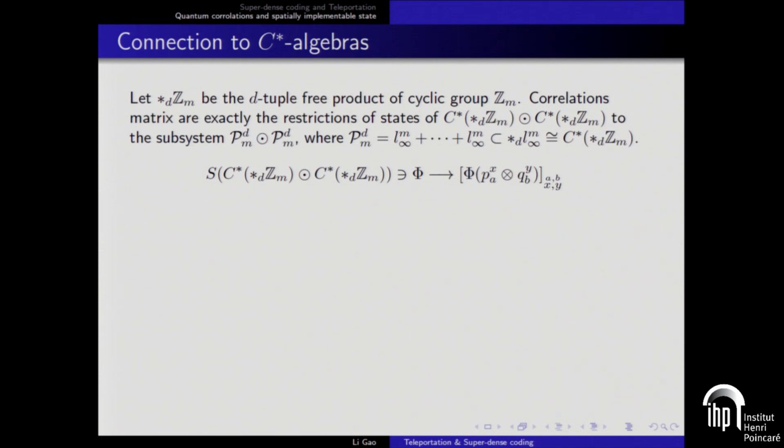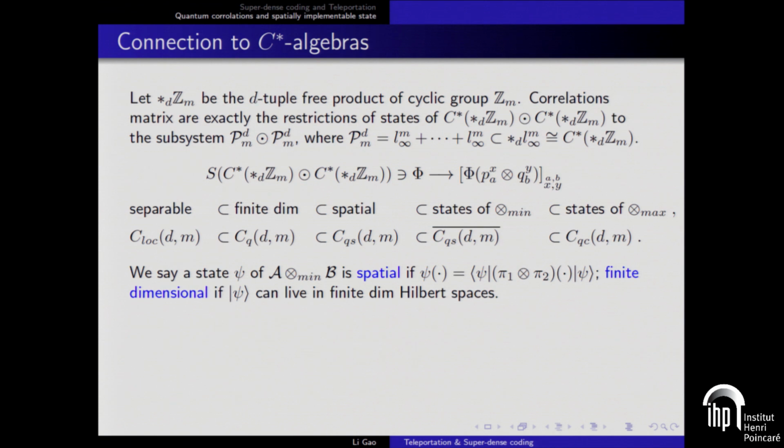By that, we have a correspondence between the correlation sets and particular kinds of states on the tensor product C-star algebra. The local set corresponds to the separable states, with separable taking the meaning from physics, a convex combination of product states.